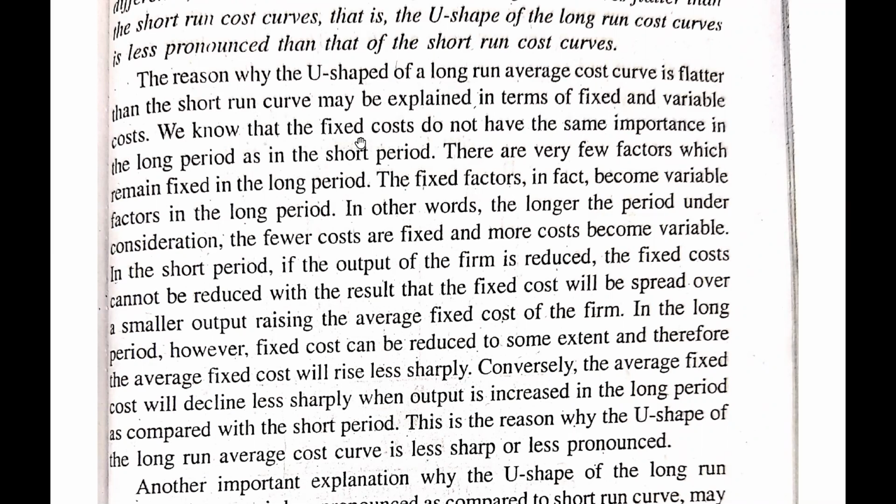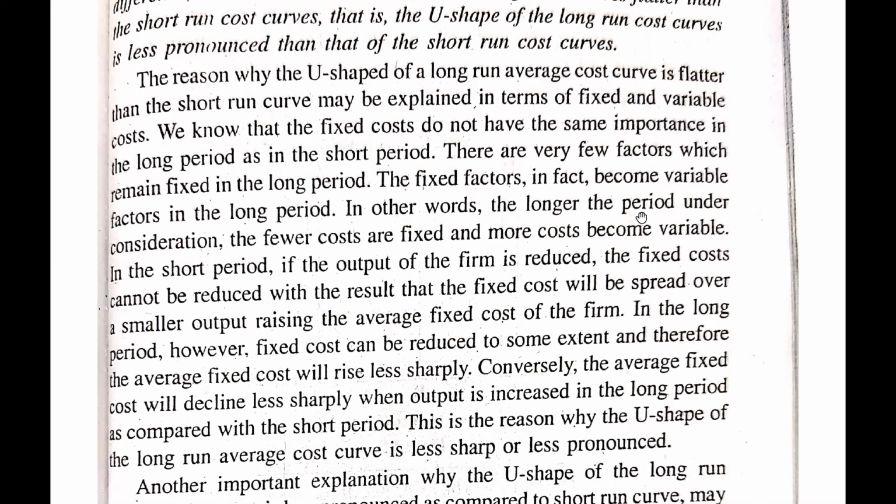We know that fixed costs do not have the same importance in the long run period as in the short period. There are few factors which remain fixed in the long period. The fixed factors in fact become variable in the long period, as you know very well that no matter what the fixed factors are, they will be variable in the long period.